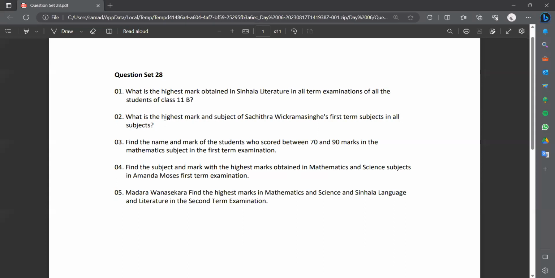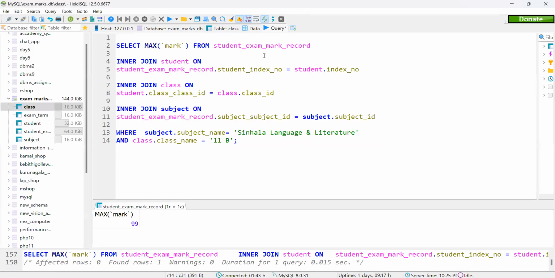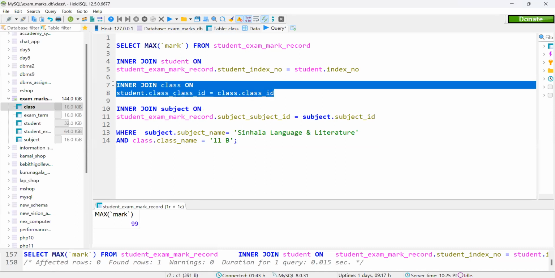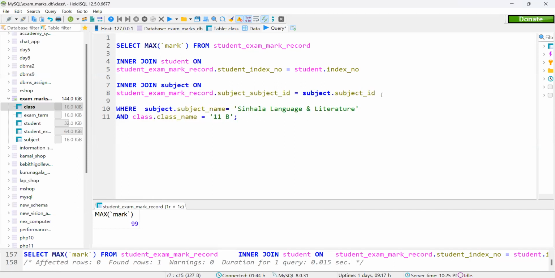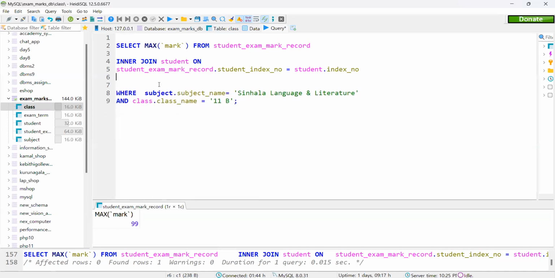They are asking about the highest mark that Sachitra Wickramasinghe got in all subjects in the first term. Let's update this query. Maximum mark, student we have. We don't need any class, and subject also not needed.